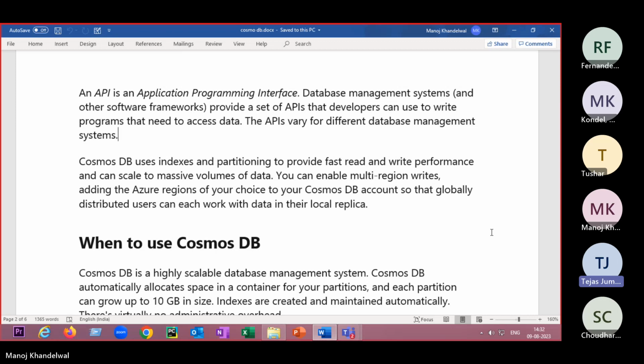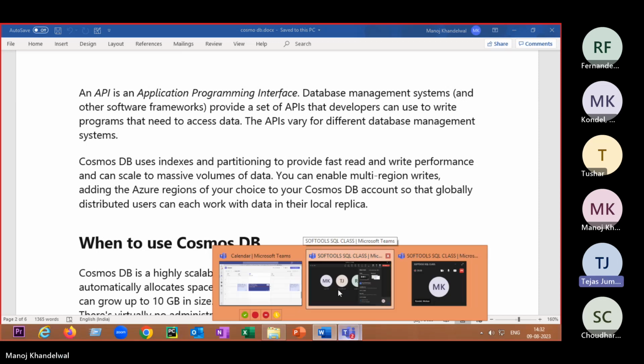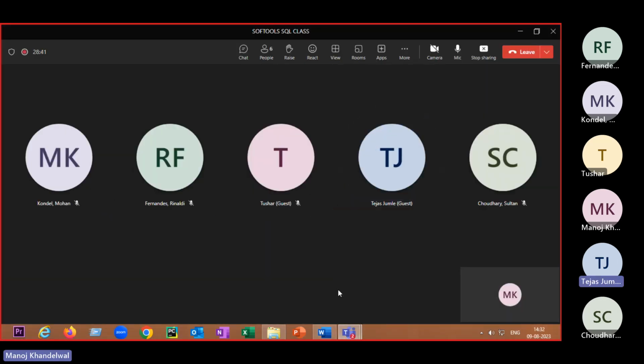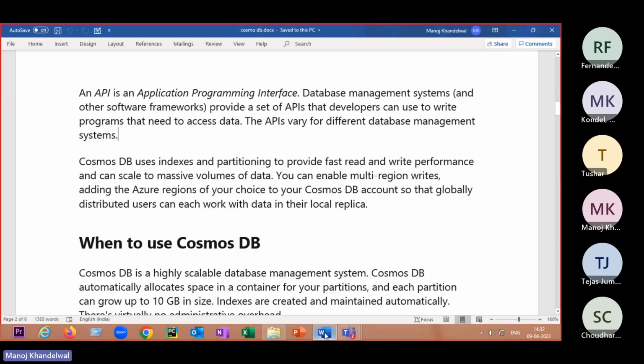Clustered, non-clustered. Yeah, clustered, non-clustered index. That's right. Very good. So indexing makes your access faster, right?